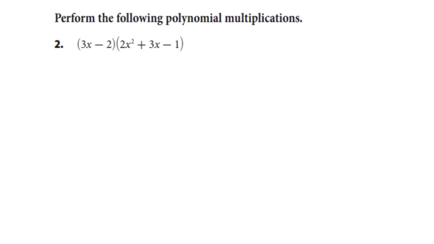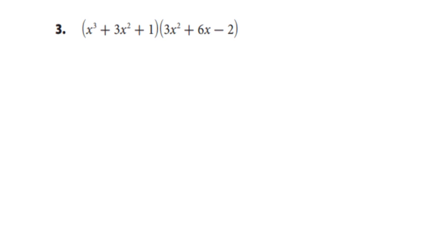Next problem we're going to look at is problem 3, which is a trinomial times a trinomial. Now, one thing you can do is use the distributive property with these curved connecting lines. So if you connect x cubed with every term like this, then you can do the same thing with 3x squared.